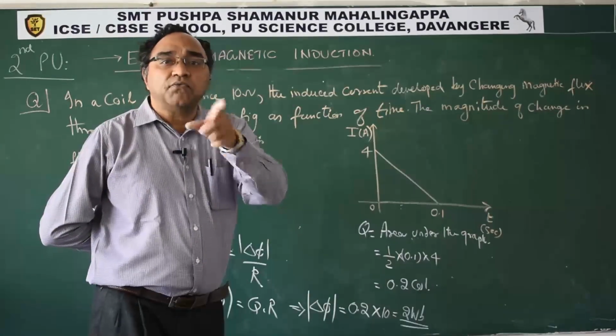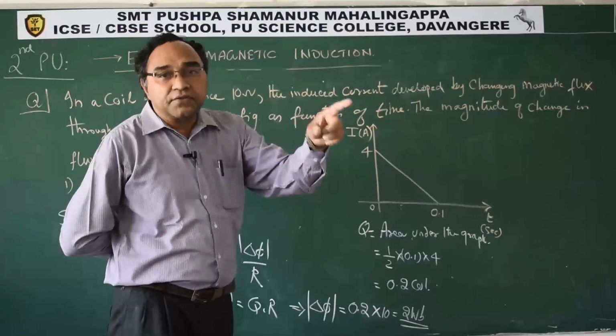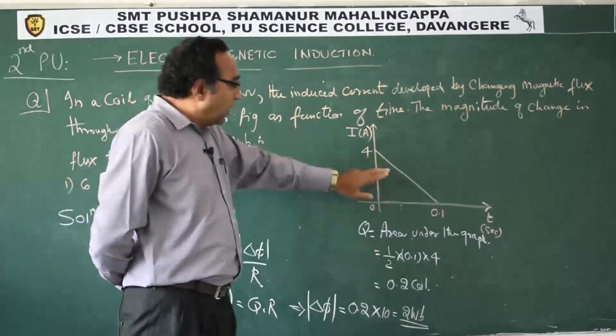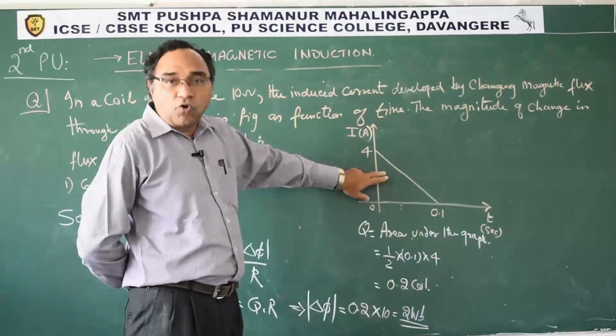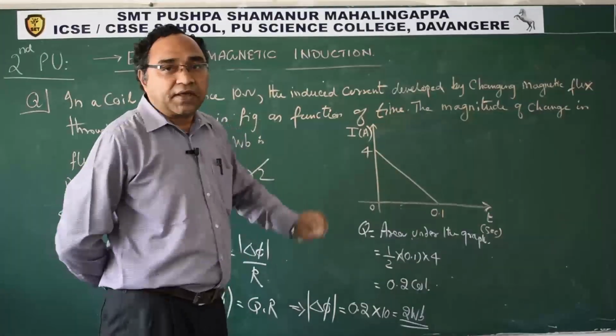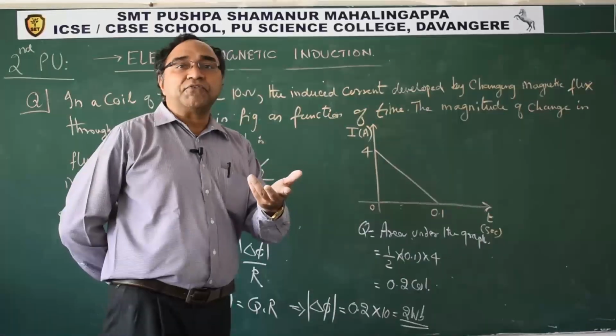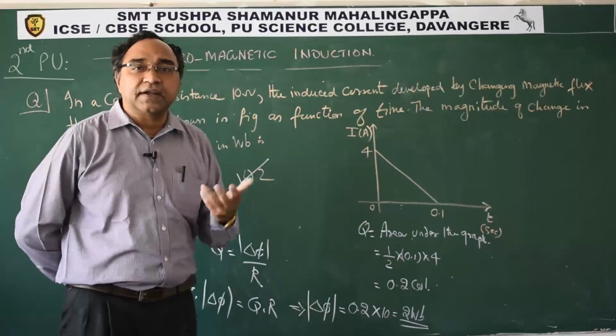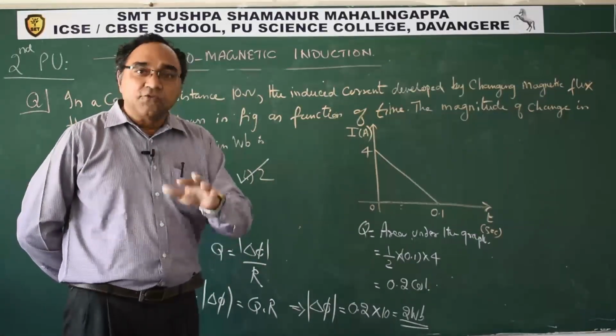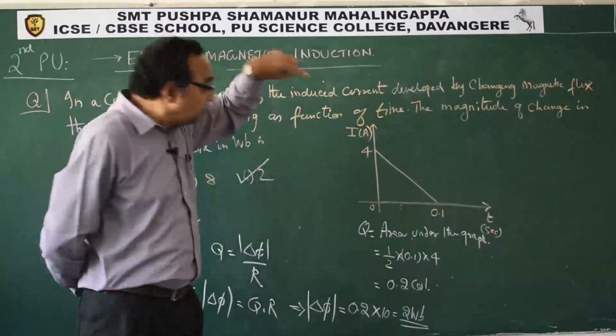Any one of the two will definitely have some physical significance or meaning. Out here, if I try to find the slope of the graph, the slope will give me delta I by delta t. There is no physical quantity which is represented by delta I by delta t, correct? So slope is of no use to us in this situation.